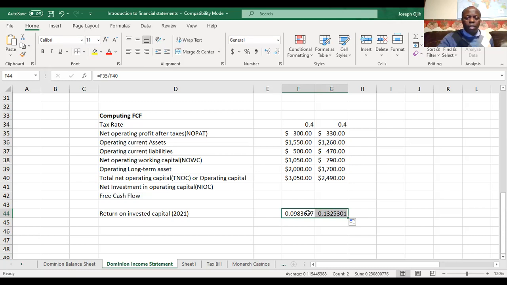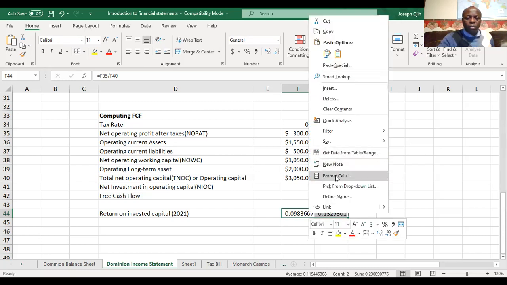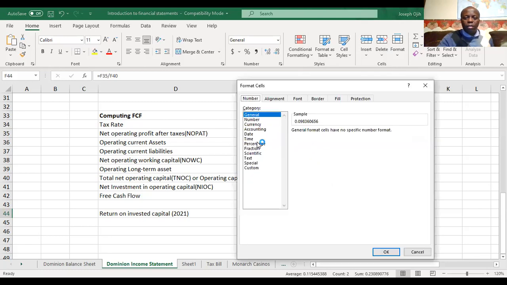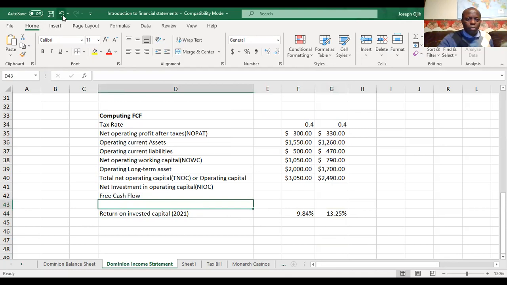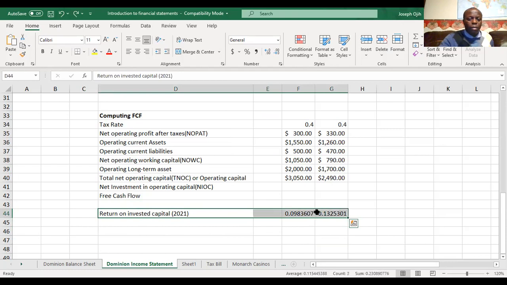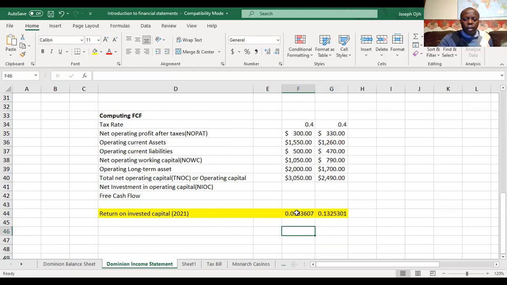which you can change to percent if you like. You can format cell and then call it percent. I'm going to highlight it. Like I said, if you make it percent, you can always make it straight from here.